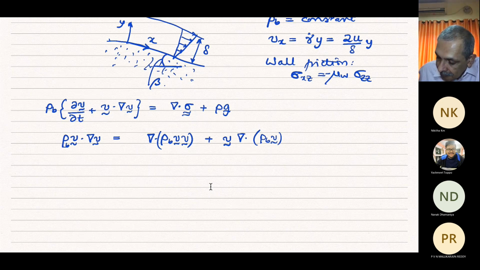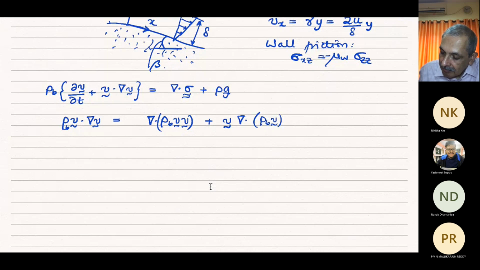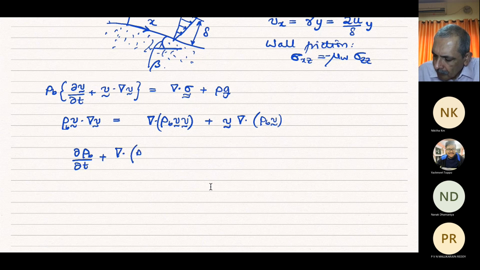And the continuity equation can also be written as del rho B by del t plus divergence of rho B into V is equal to 0. So this is the momentum balance and this is the continuity equation.